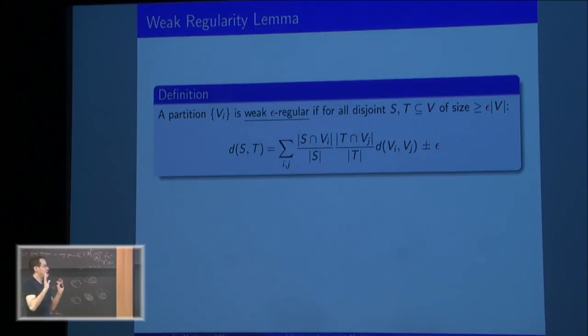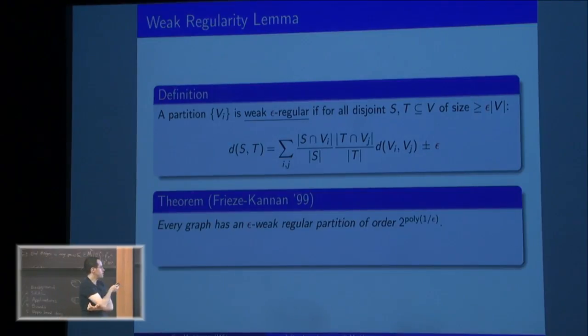The point is that S and T are two essentially linear-sized, two large subsets of your graph, and a weak regular partition guarantees that the number of edges, or the density, between those two large subsets is what you would expect based on the densities between the V_i, V_j. Okay, so the difference is clear, why this is a weaker notion. If you have a regular partition, then in particular you get this guarantee.